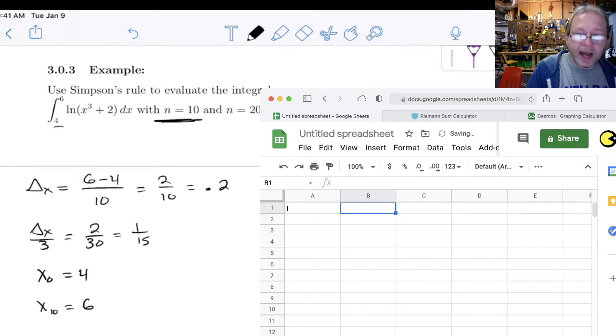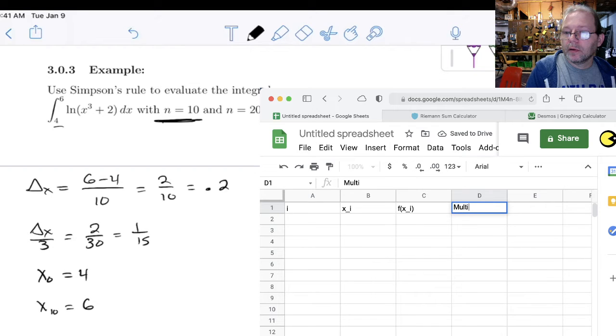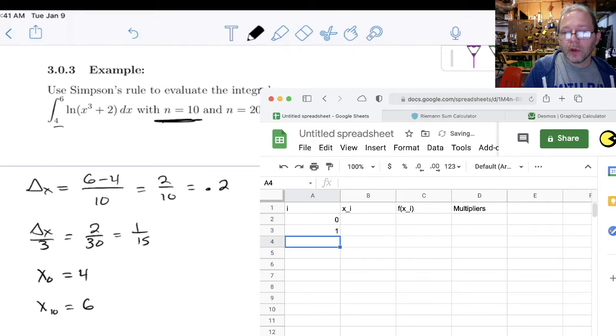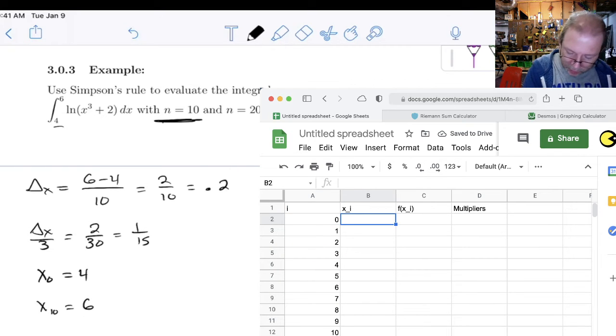All right, so for the spreadsheet, I'm going to put in all my stuff here. I'm going to make a column for my i's, then my xi's, then my f of x sub i's, and then my multipliers. So my i's, we've got 10 rectangles, so we start at 0 and go up to 10. Now my xi's, those are my x values.